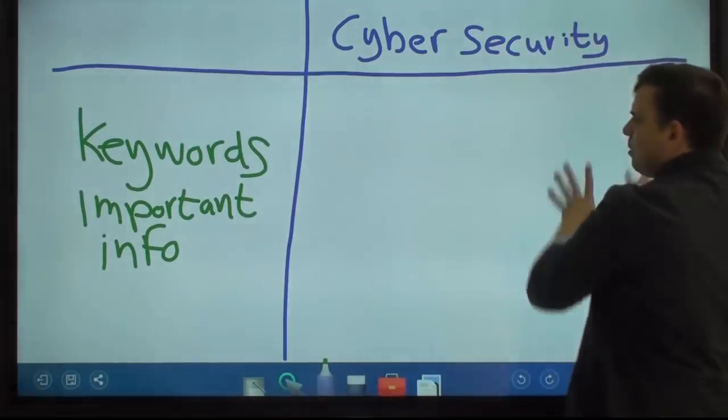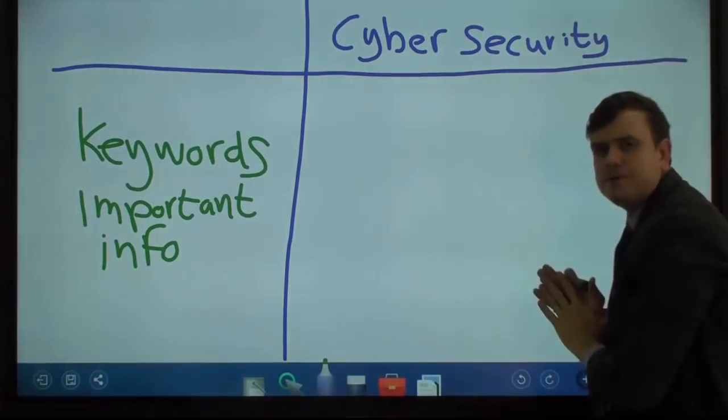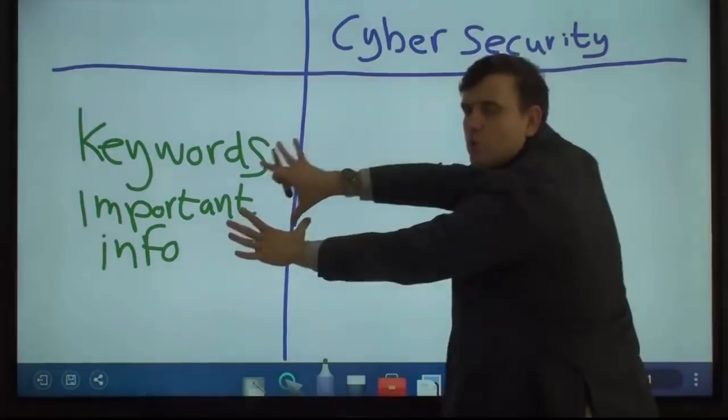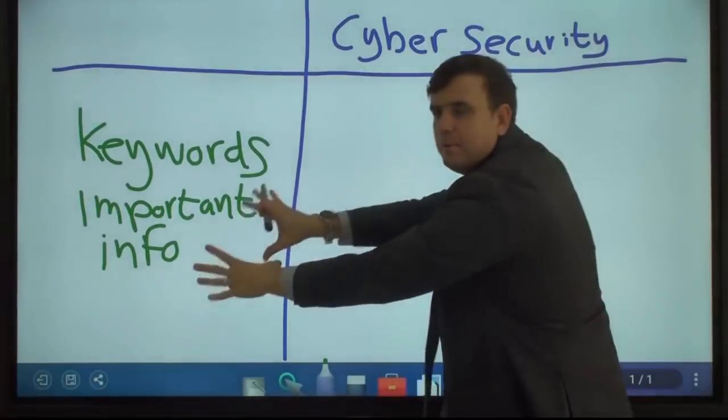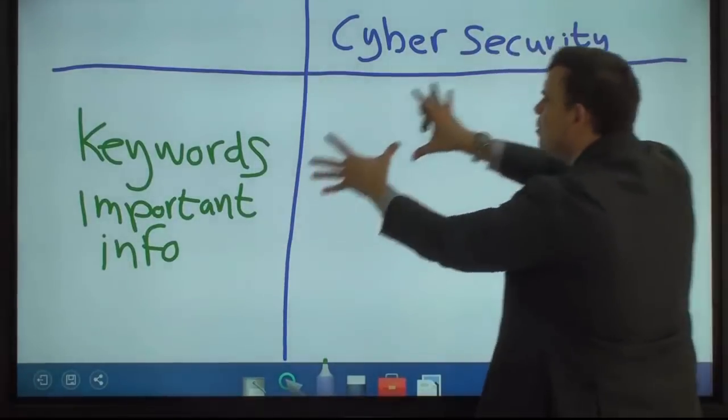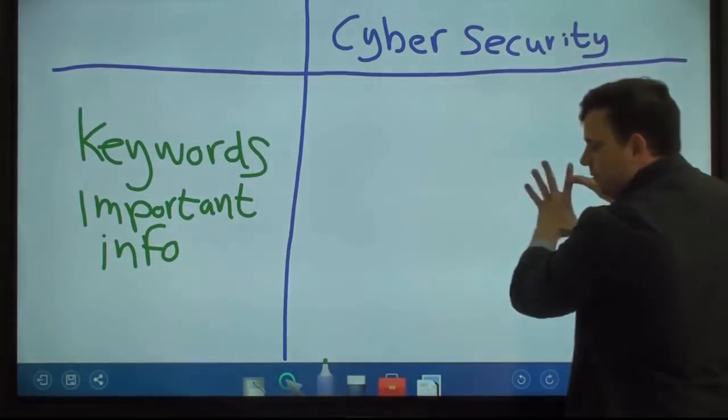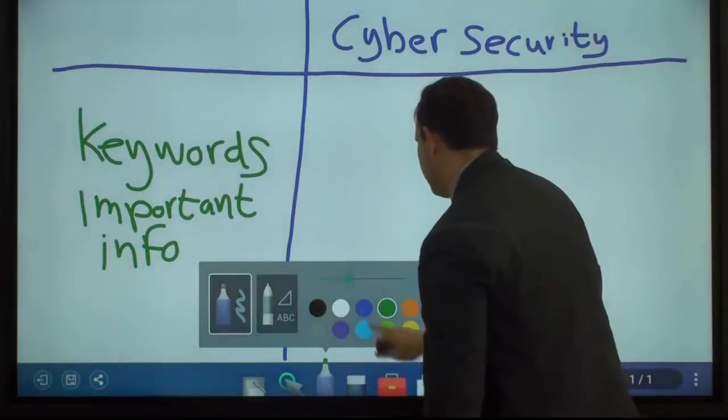What happens then to this, you're probably asking, what's this big open space on the right for? Well, this is going to be the relating information to the keywords or important information. This is where you're going to go into more detail, right? So let's have a look.